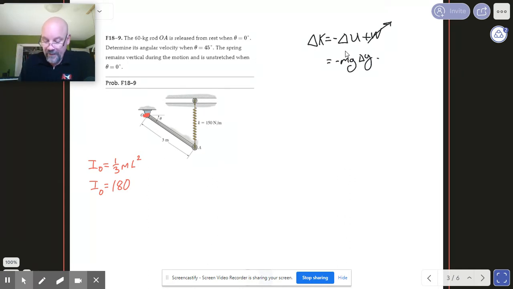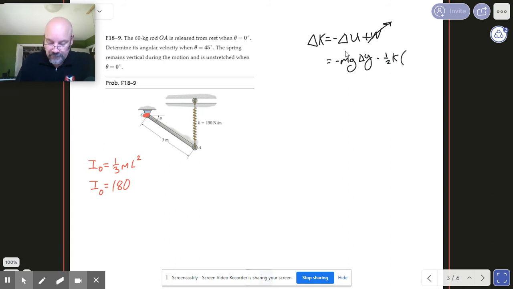Then we also have some spring stuff going on here, which is going to be 1/2 k, the spring constant. And now be careful, we got spring constants, and we could conceivably have a radius of gyration in here also. So be careful. Figure out some way to keep those k's straight, because it's bound to happen. You know it's going to happen at some point.